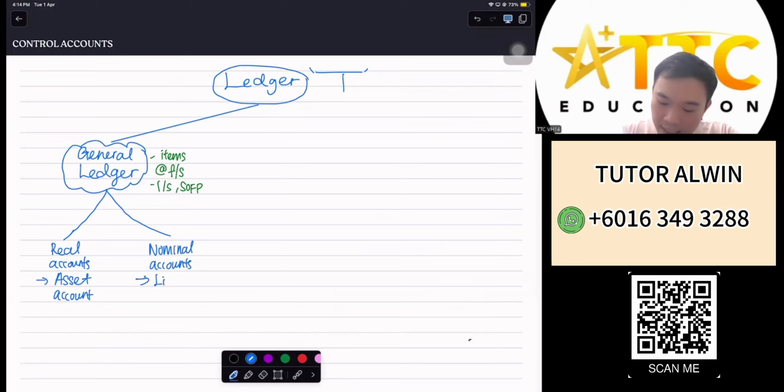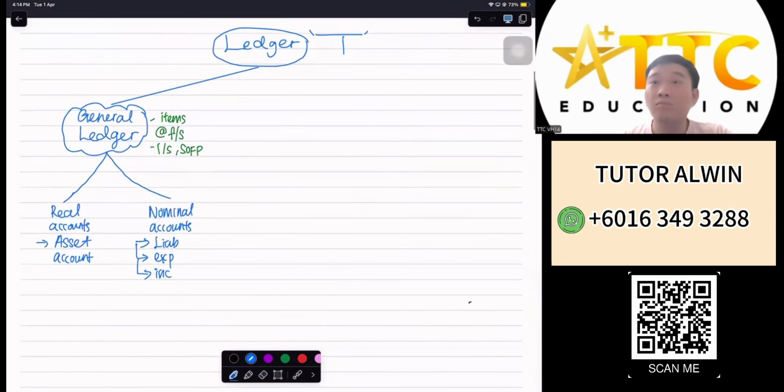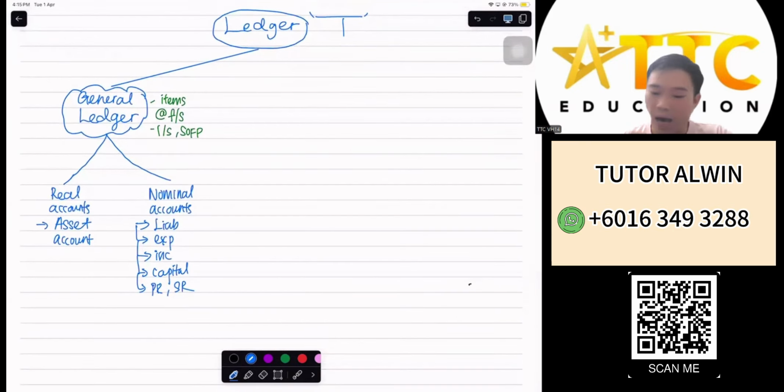all the liabilities, expenses, the incomes, capital, all the returns, purchase returns, sales returns, and many more.